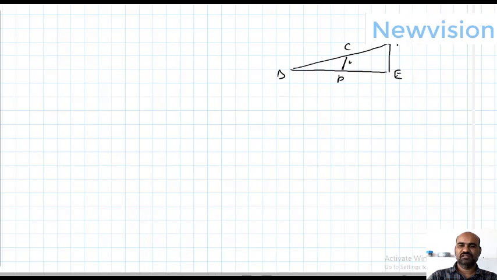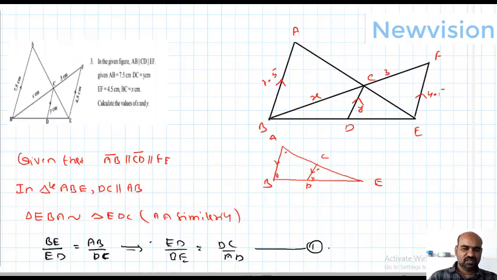CD is y. So instead of CD I can write y here. Actually I think we need to substitute some values. ED you don't know, write it as it is. BE also you don't know. DC is given as y. By that, what is that? AB is given as 7.5.